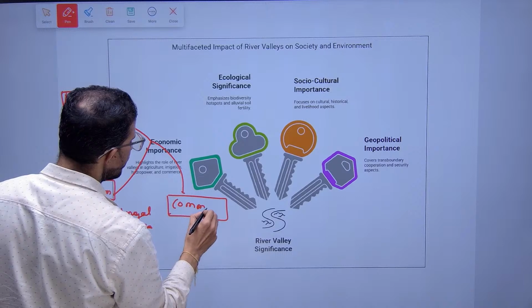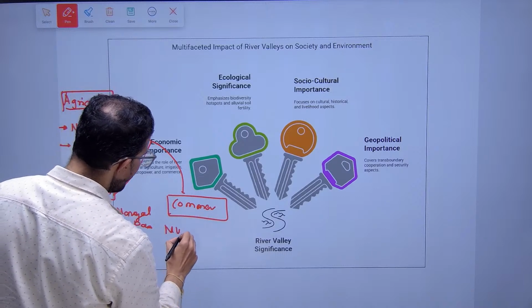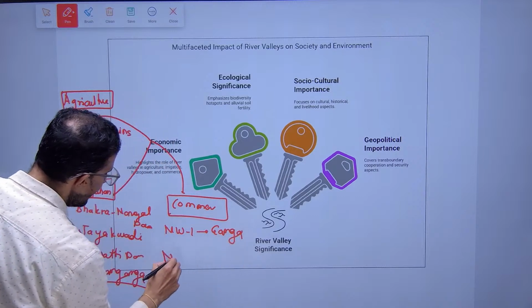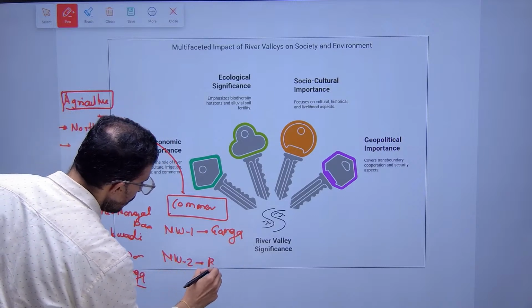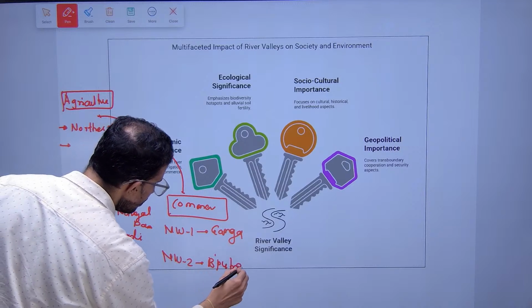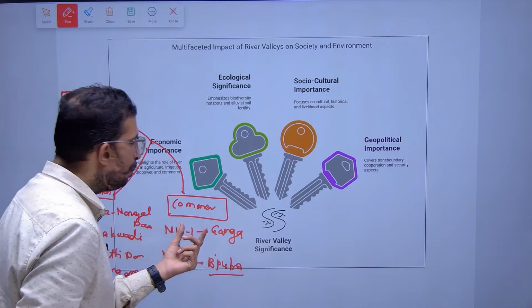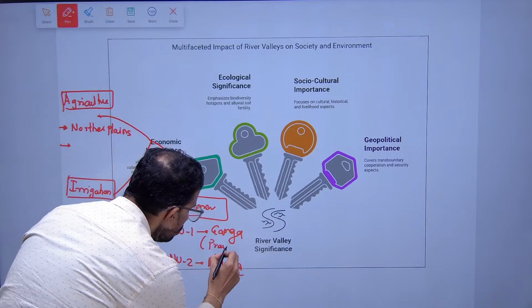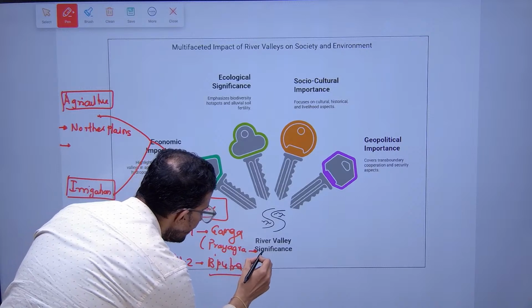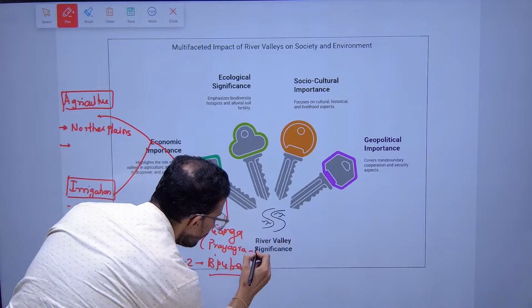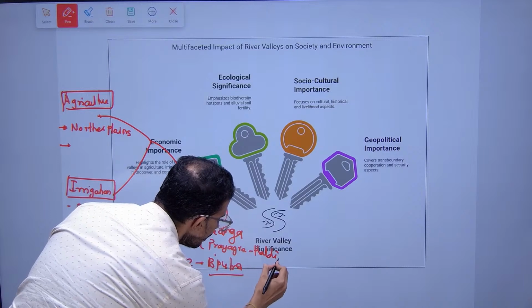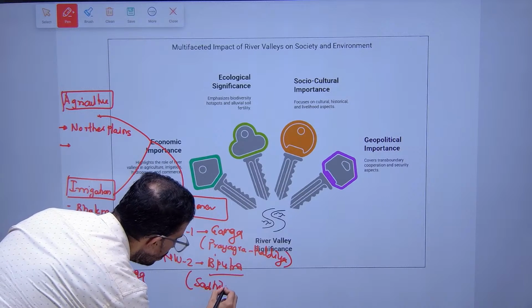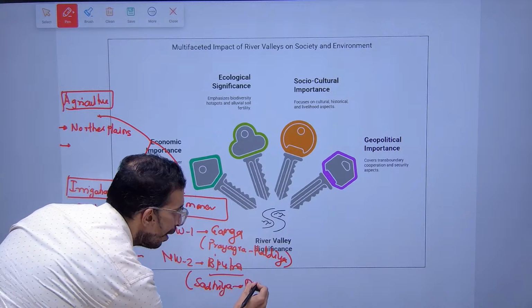Commerce means infrastructure. Have you heard of the national waterway? One is on the Ganga river. National waterway, inland waterway on which river? Brahmaputra. This is very important. The factual question can be asked: the Prayagraj to Haldia, and Brahmaputra from Sadhiya to Dhubri.